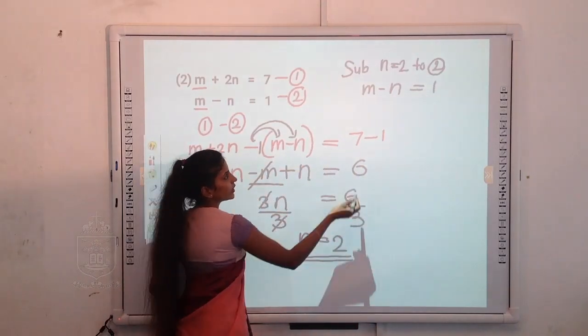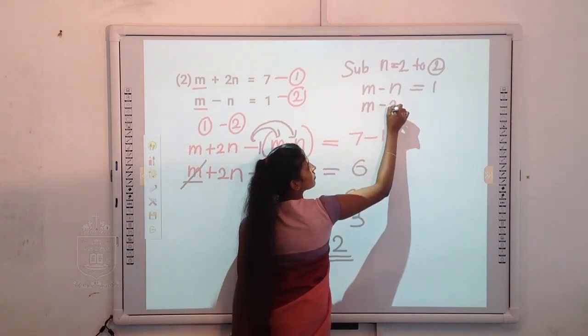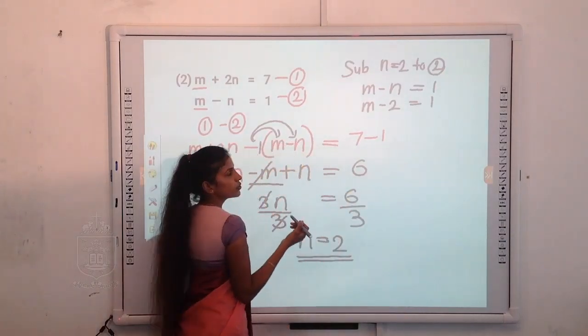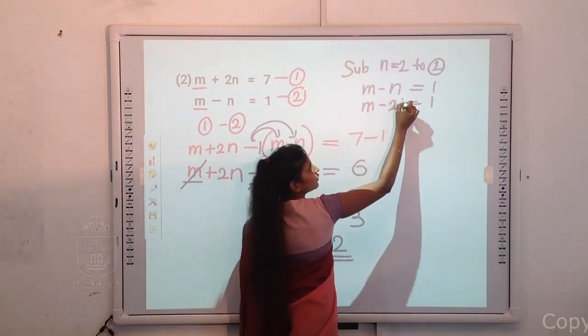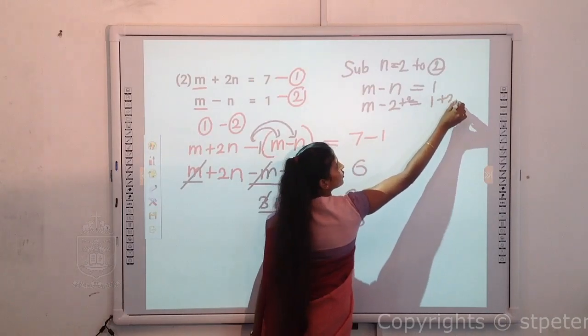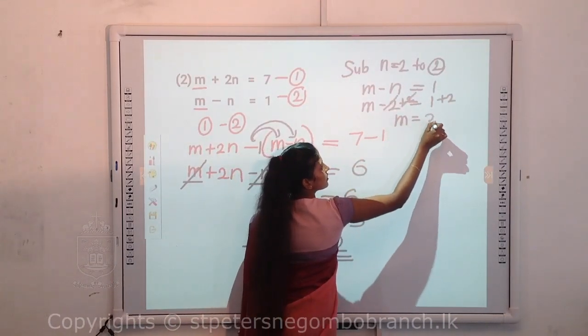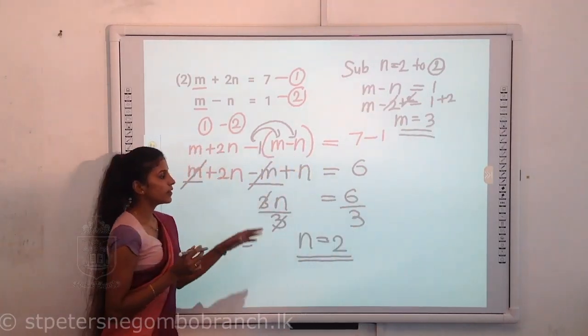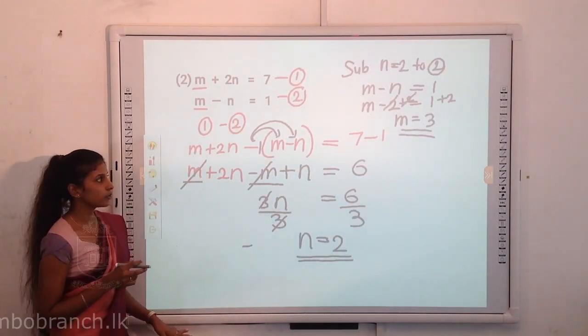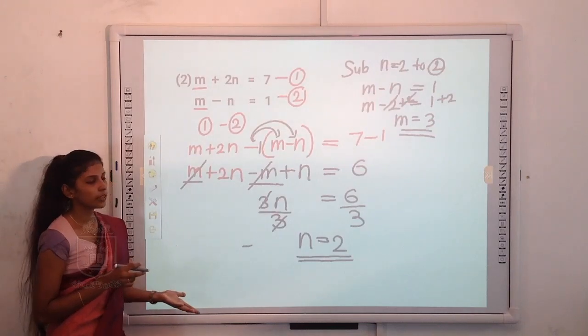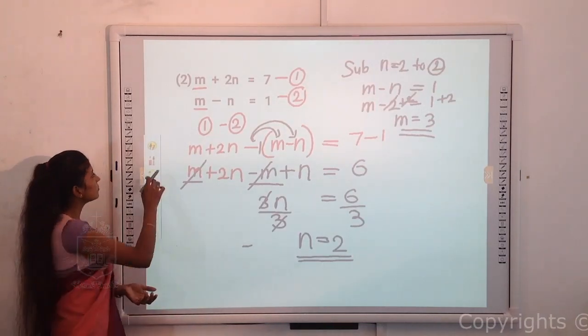Now instead of n I have 2. So 2 can be removed by adding 2 for both sides. 2 cancels, m equals 3. So this is the way of simplifying simultaneous equations using the method of elimination.